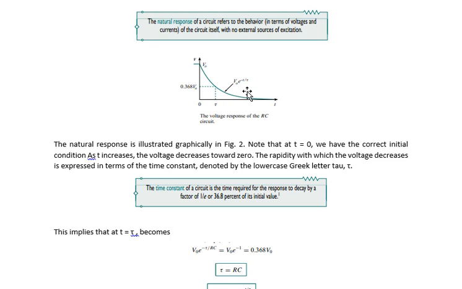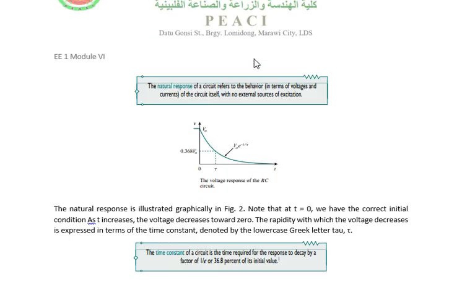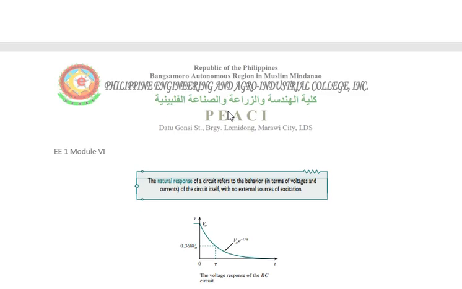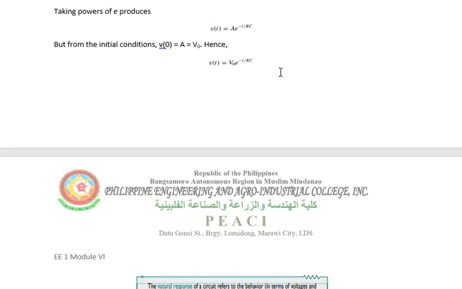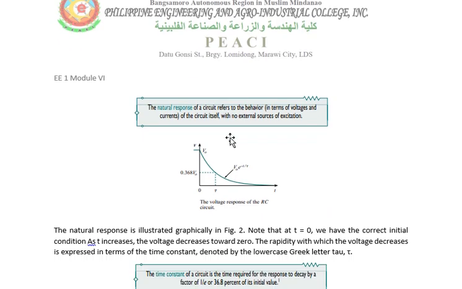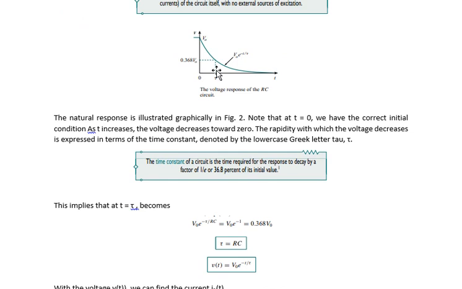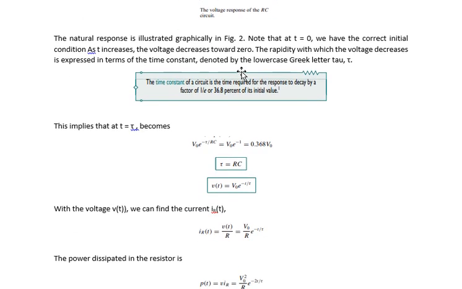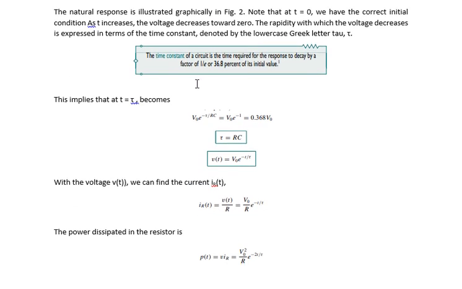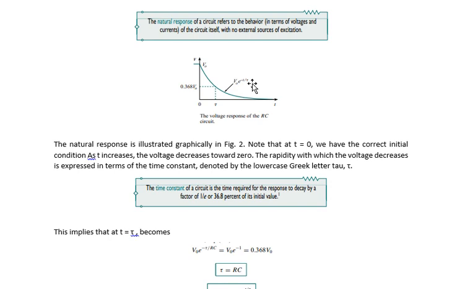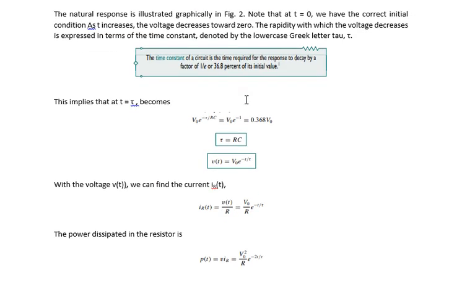If we look, it labels the equations here. It means that if you follow these equations, the graph that will be generated is like this one. So what is the time constant? The time constant is this tau that we saw here.